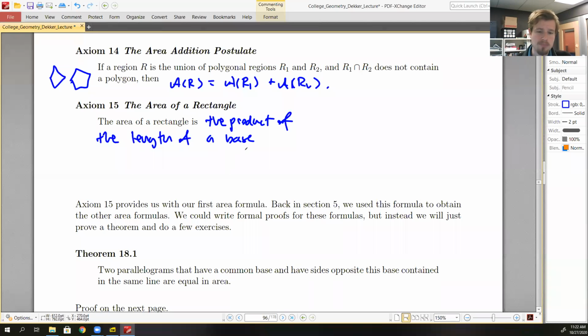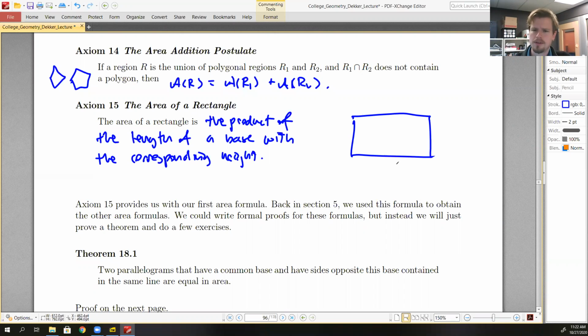So it's the length of a base, whichever side you choose, the product of that with the corresponding height. So for a rectangle, if we have this designated as the base and this side designated as the height, then the area is given as base times height. Awesome.